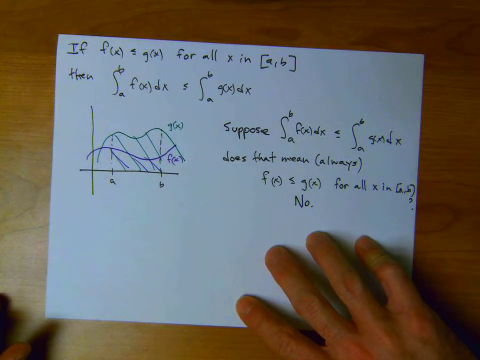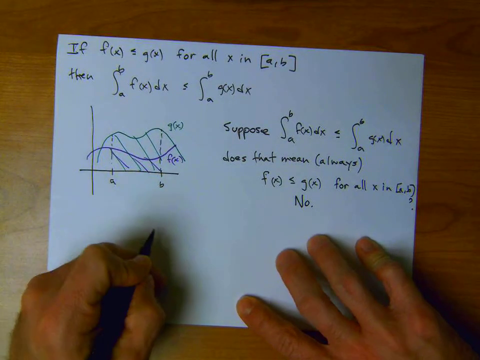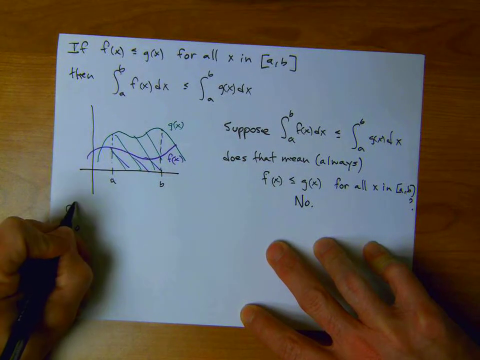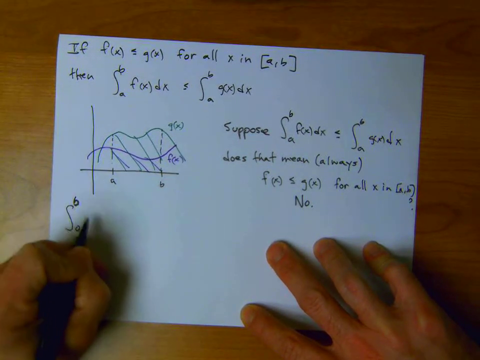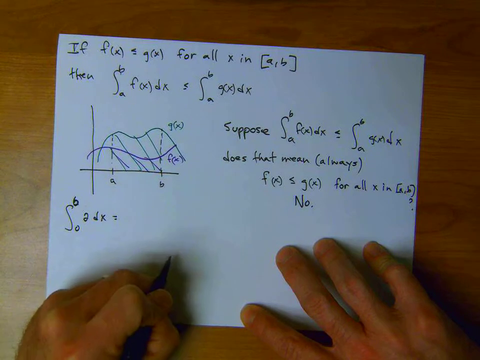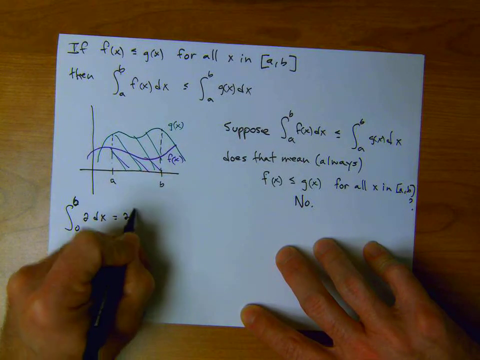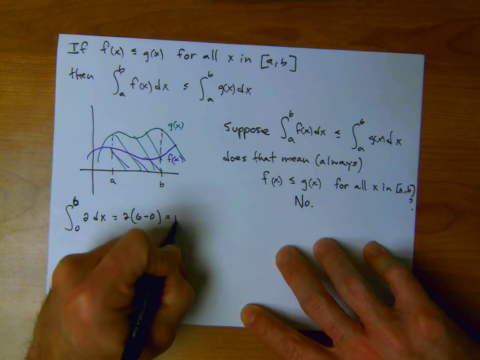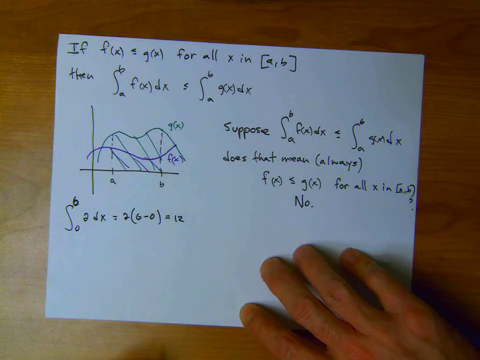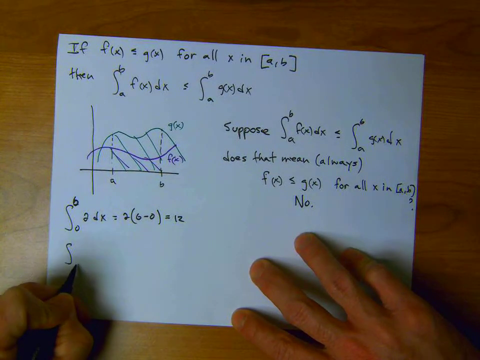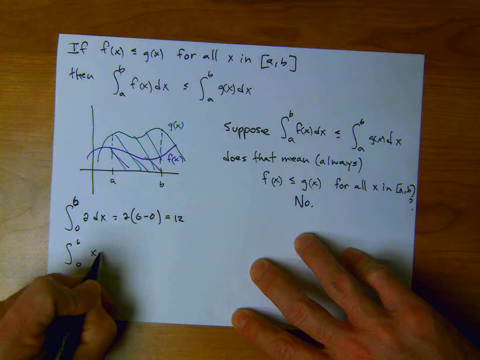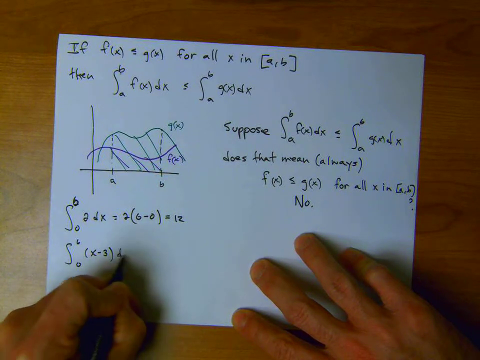Let's look at the integral from 0 to 6 of 2 dx. We know from our first property that that's 2 times 6 minus 0, which is 12. And then we can look at the integral from 0 to 6 of x minus 3 dx.